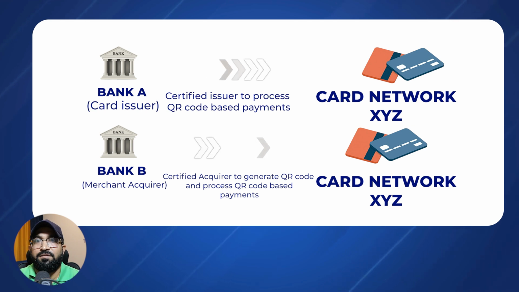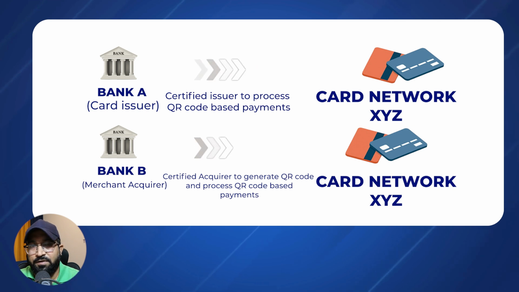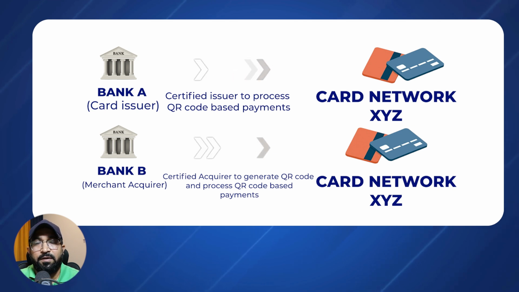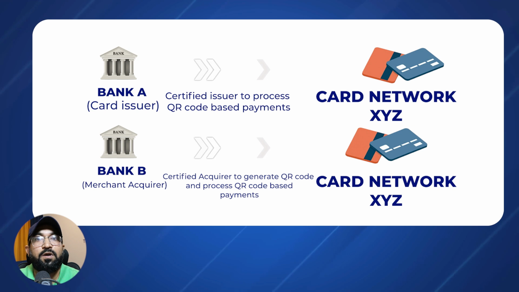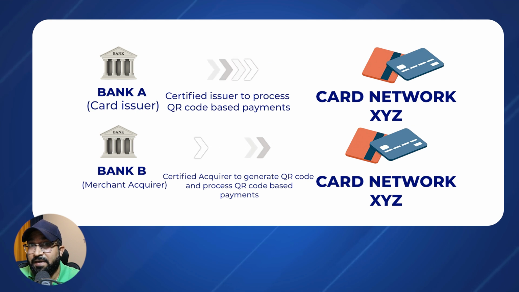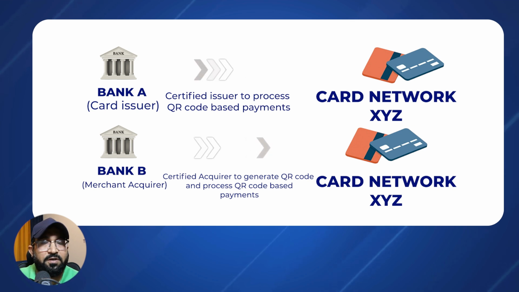Based on the AID and the information that is embedded on the QR code, bank A will be able to identify that this particular QR code belongs to this XYZ card network, and they are already a certified QR code issuer or processor for that card network. So they might already be maintaining connectivity with this card network.